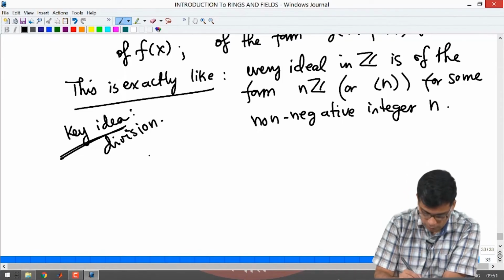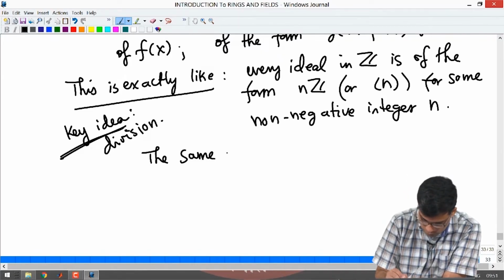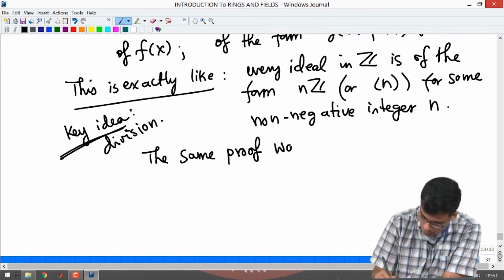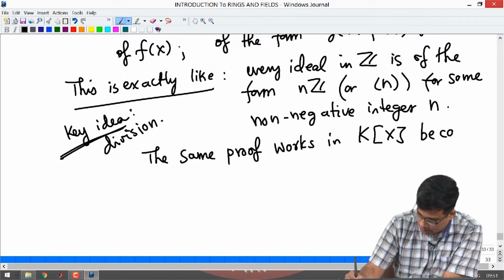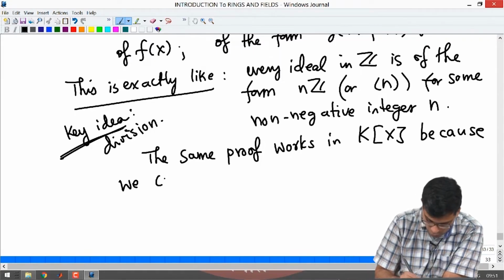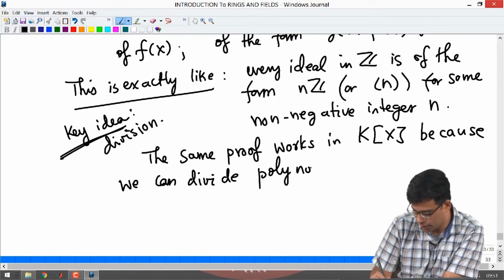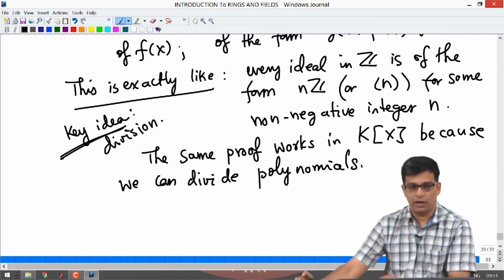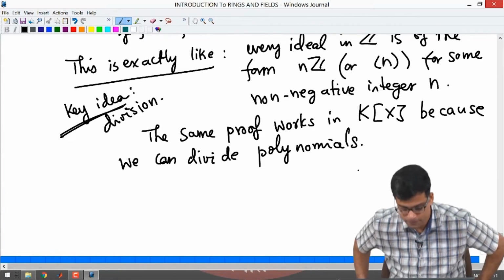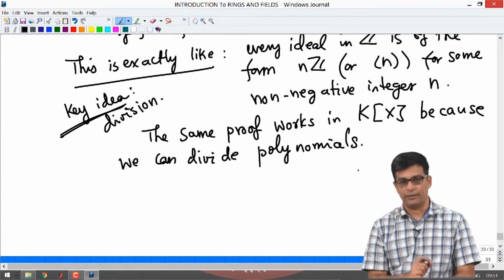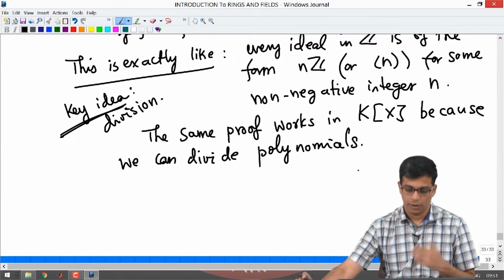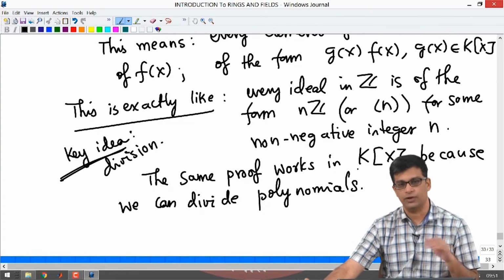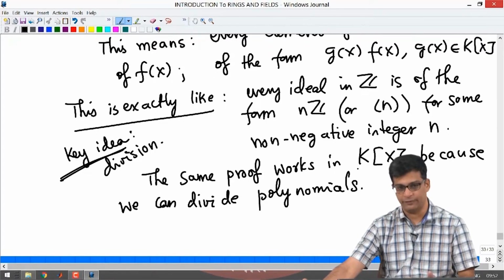The same proof works in K[x] because we can divide polynomials also, just like we can divide integers. Remember though that to divide by a polynomial f, we need the leading coefficient of f to be a unit, but in a field every non-zero element is a unit and the leading coefficient is by definition non-zero.